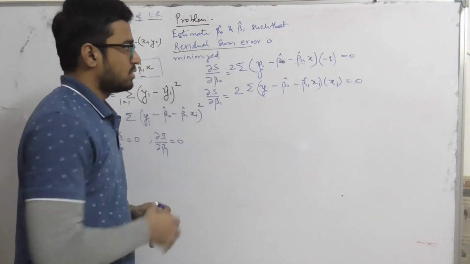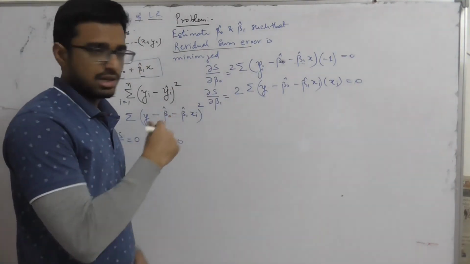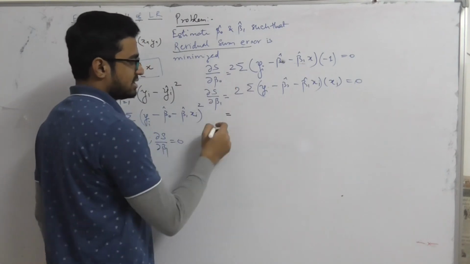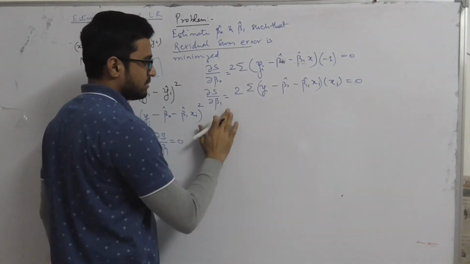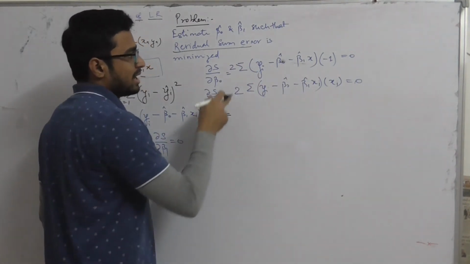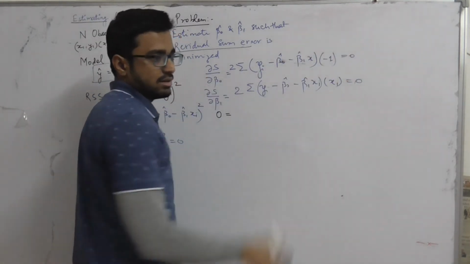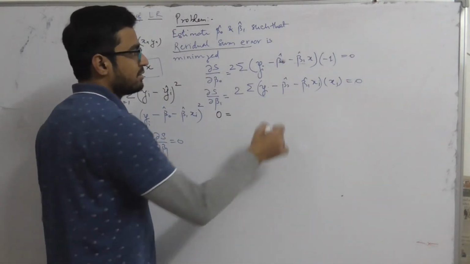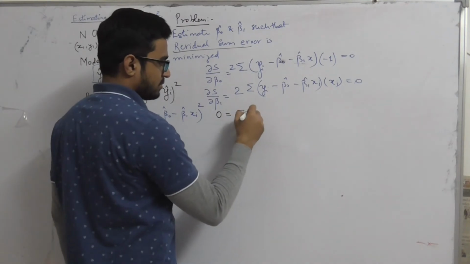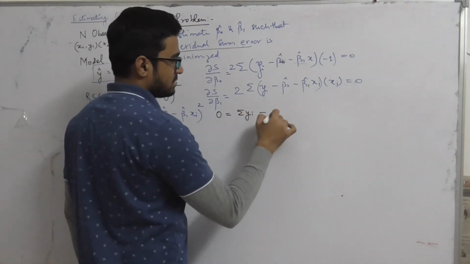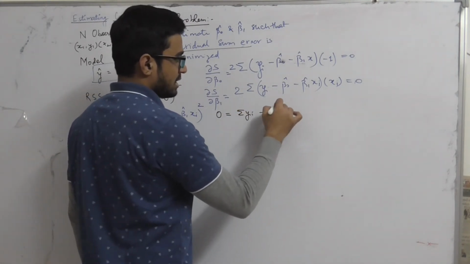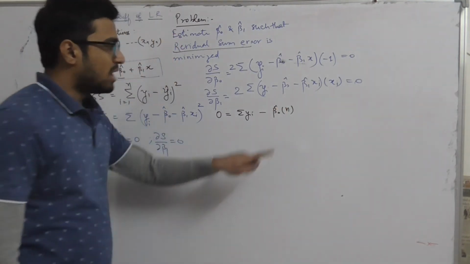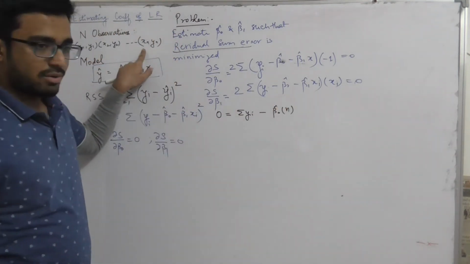So let us solve these equations. The first equation: 0 is equal to, I think the 2 and the -1 can cancel with 0, so I have summation yi minus beta naught cap into n. Now how does n appear here? N is the number of observations.